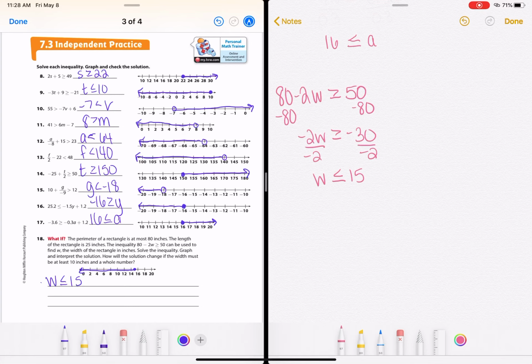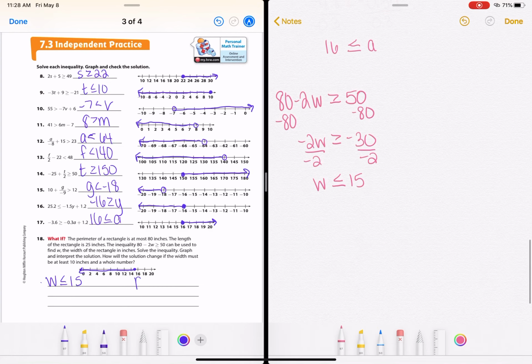So for our solution that we just found, the width is a positive number no greater than 15 inches. So the other possible widths we could have if we have to be at least 10 inches are 10, 11, 12, 13, 14, and 15 inches.